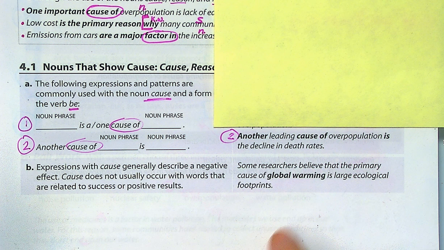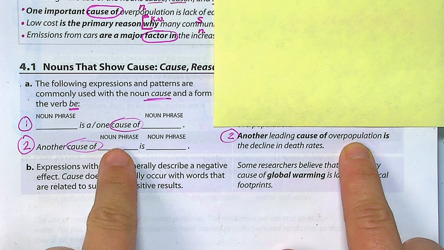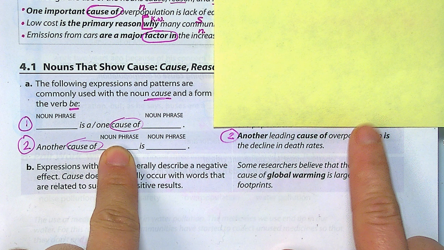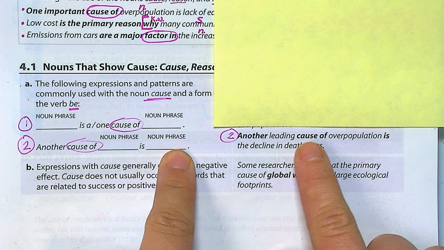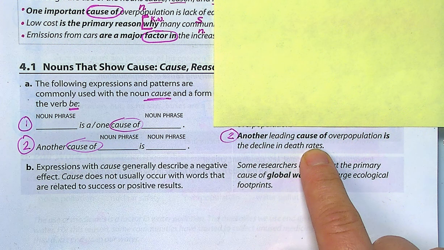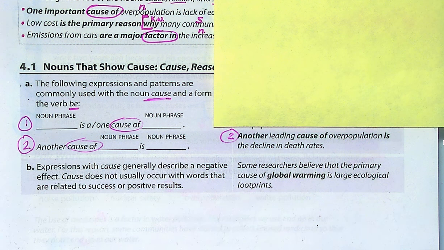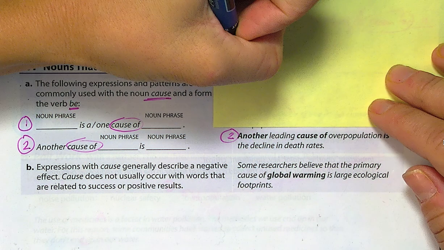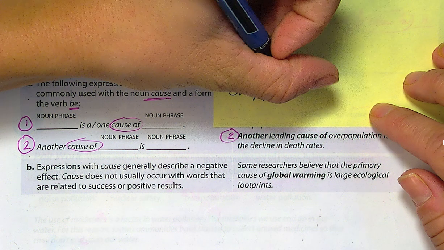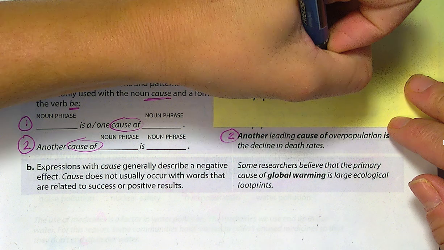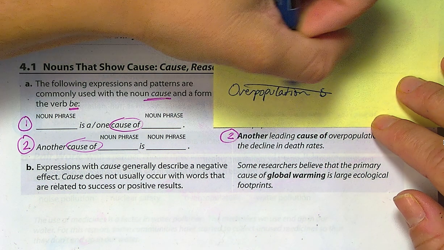If we want to take sentence number 2, our first noun, the one that goes in this pattern right here, in our example is overpopulation. The second noun is death rates. So if we take those 2 nouns and put them into the first one, it would look like overpopulation is, excuse me, I did it wrong.